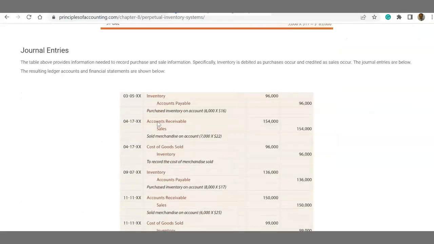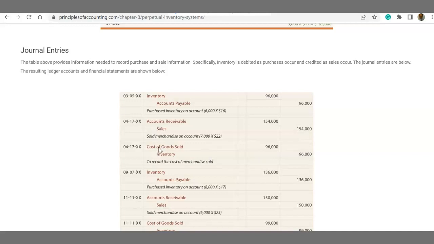Whenever you sell something, you need to do 2 journal entries back to back. Journal entry number 1, recognition of accounts receivable and credit sales. Journal entry number 2, recognition of cost of goods sold and credit inventory. So cost of goods sold will increase in this example, and inventory will decrease in this example.